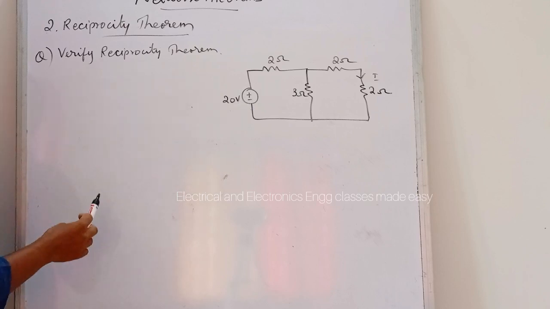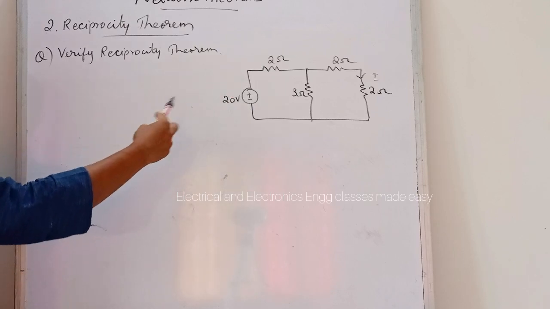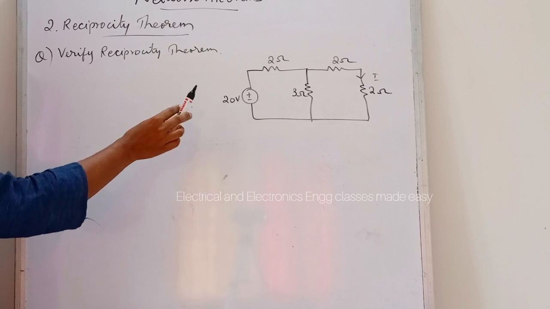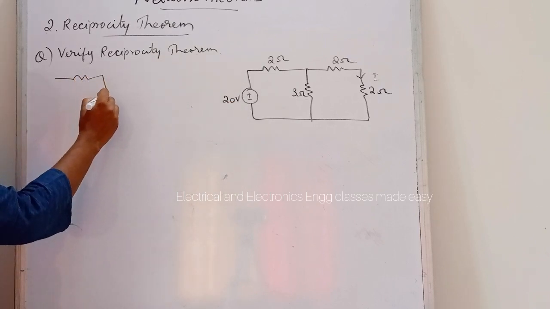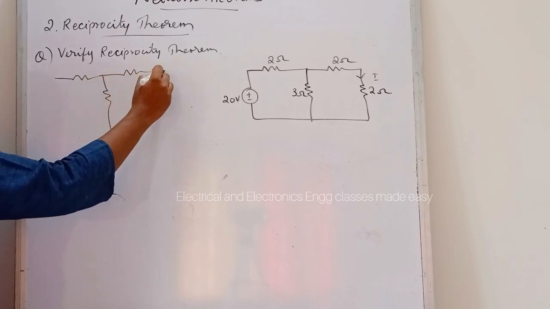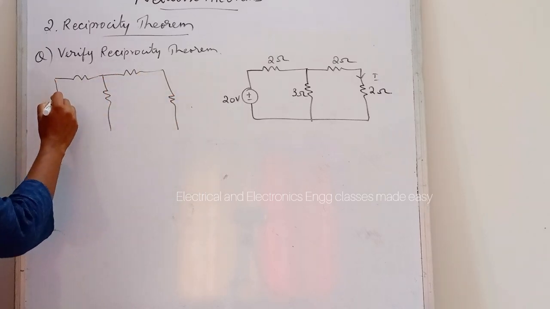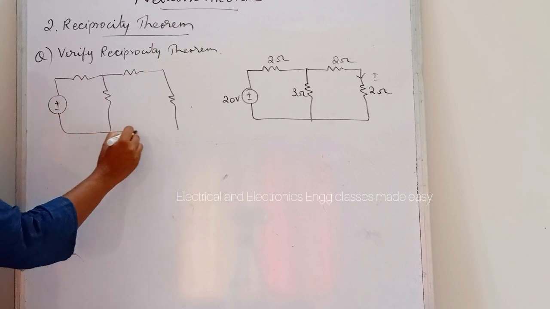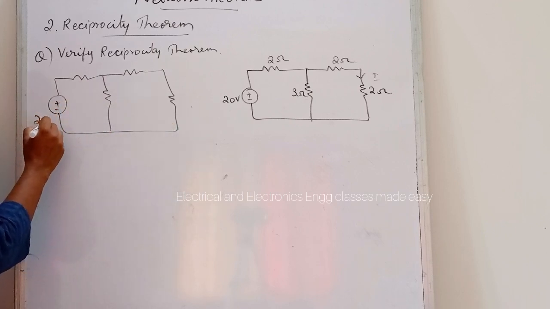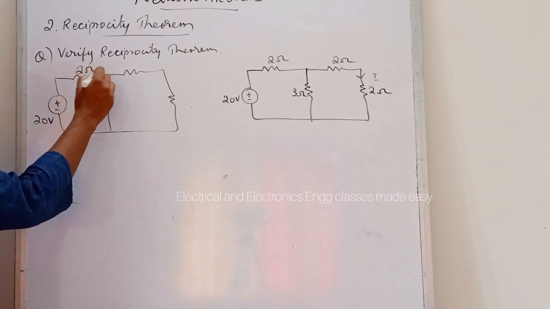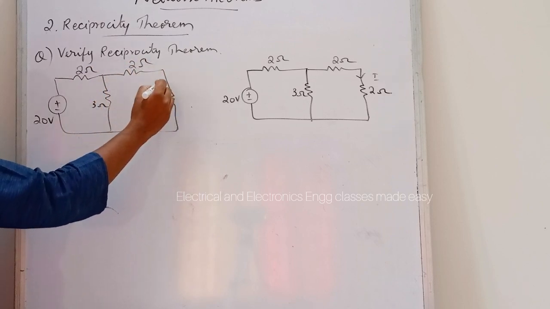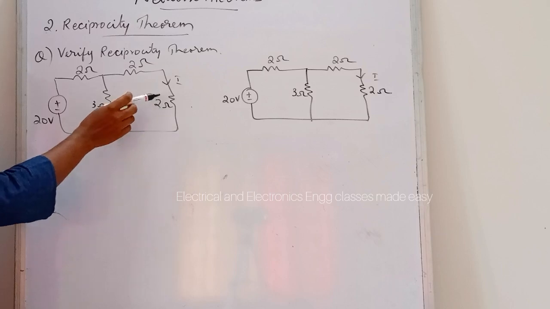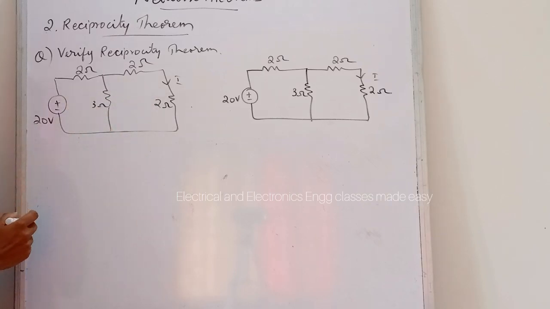Then in the next step we have to interchange the positions of output and input. So let us draw the circuit again. So here this current we have to find.